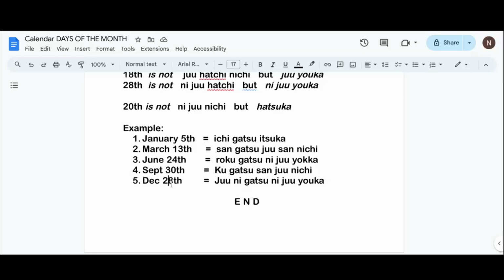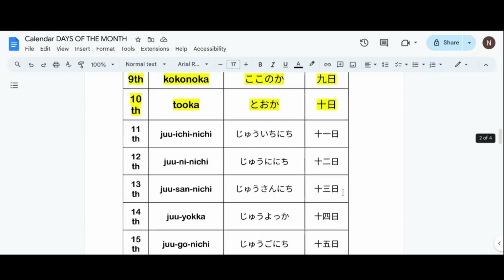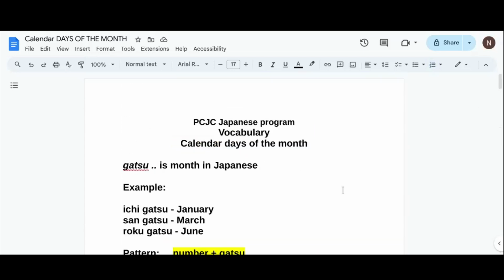Again, the 28th, not hachi nichi, but nijuyoka. So that is how you tell your calendar days of the month.